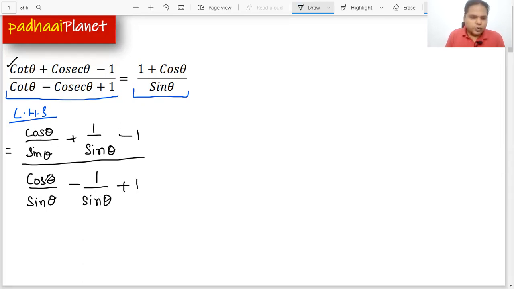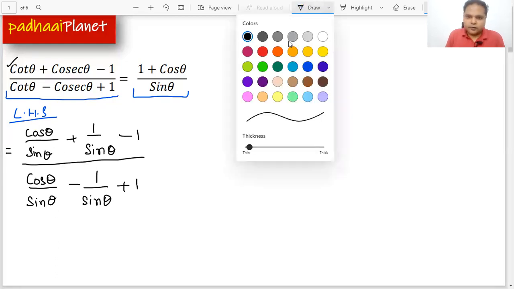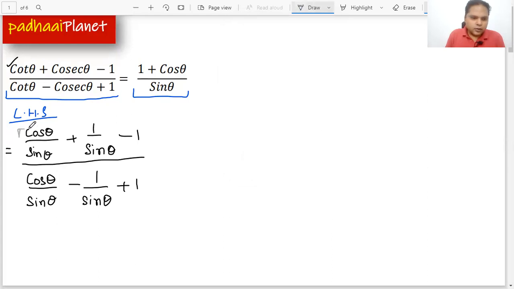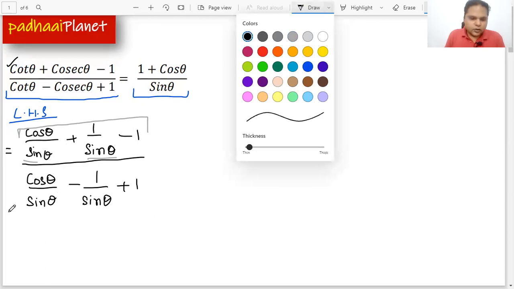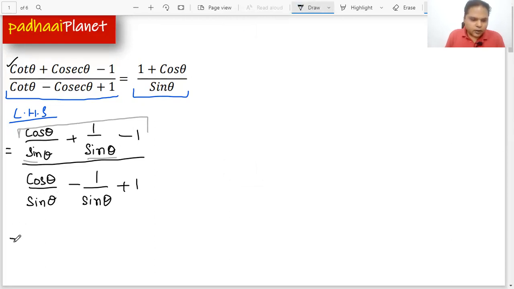Now we are going to simplify it further. First we will focus on the numerator, and in this we will take sine theta as the common denominator, because then only we can simplify it.